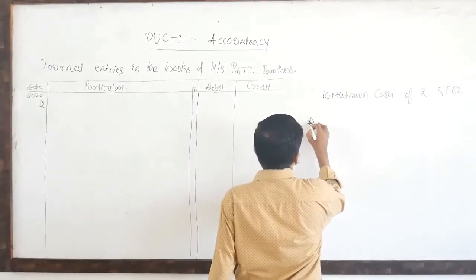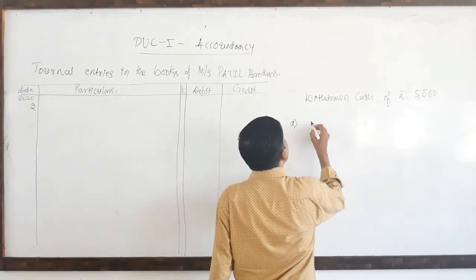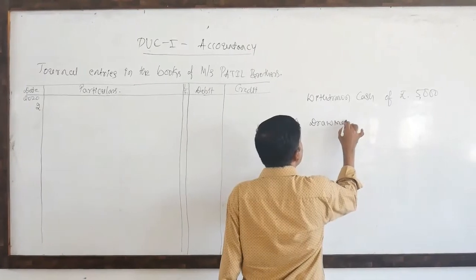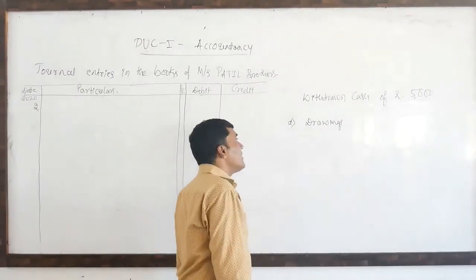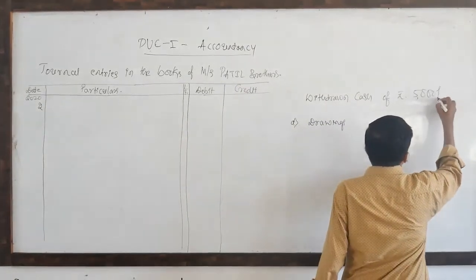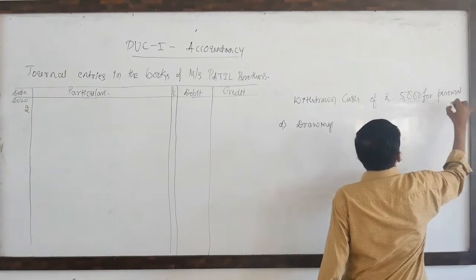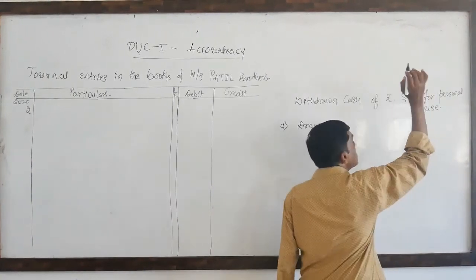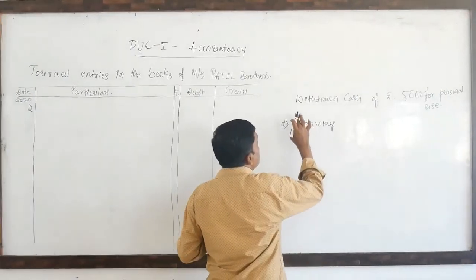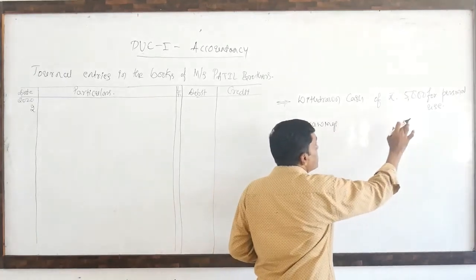One is drawings. Why? Because here the owner has withdrawn the money, withdrawn cash of rupees 5,000 for personal use. So drawings. Look here, this is the rough book entry: withdrawn cash of rupees 5,000 for personal use.